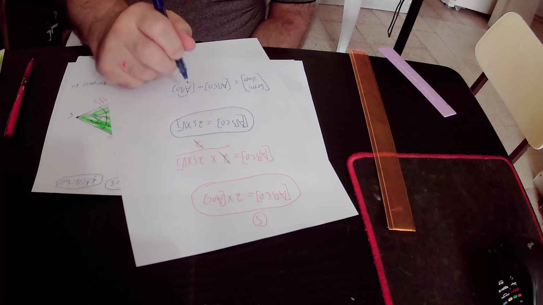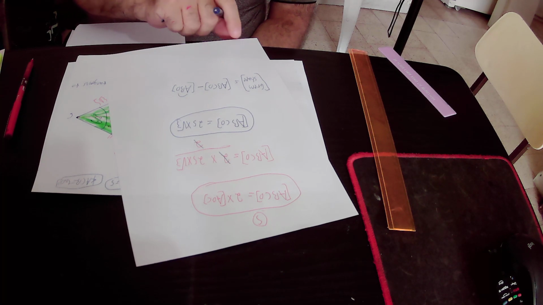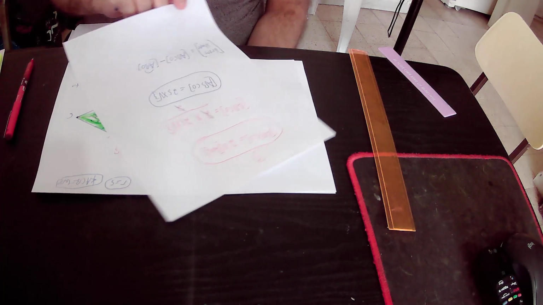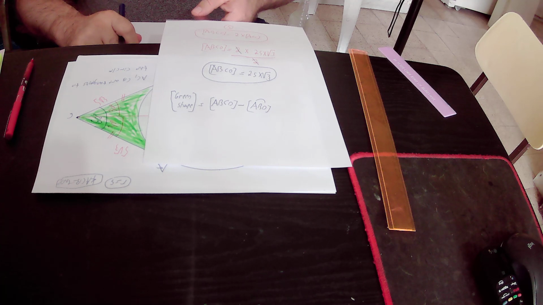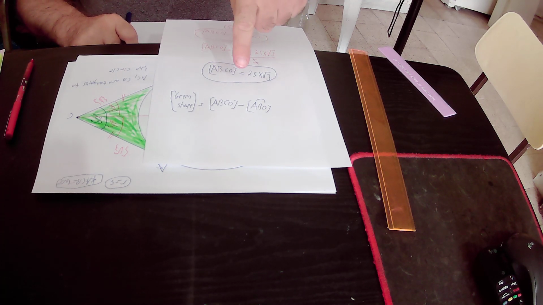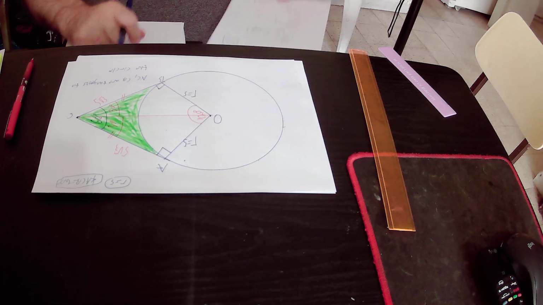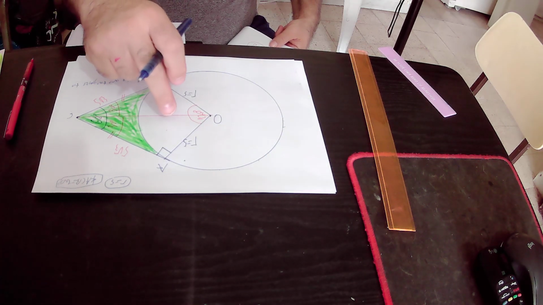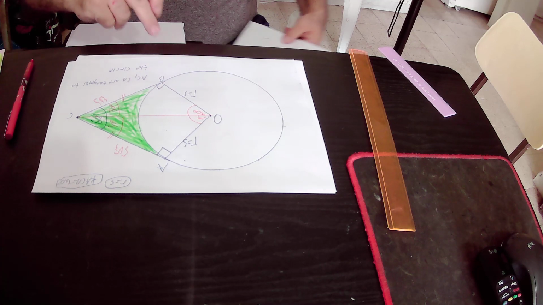So the only thing that is left is to find out the area of sector ABO.